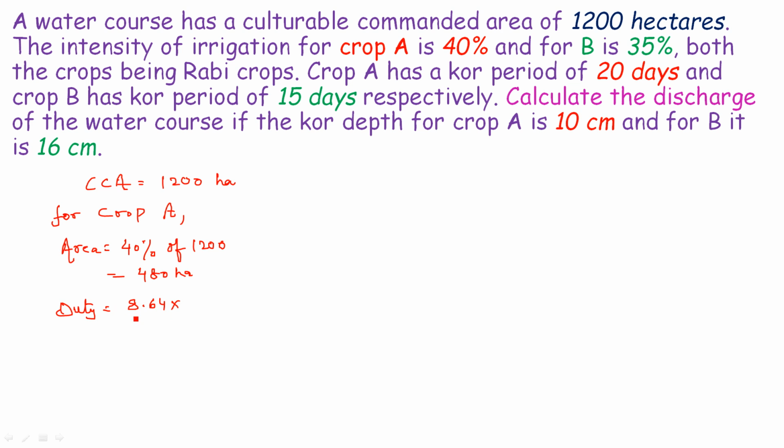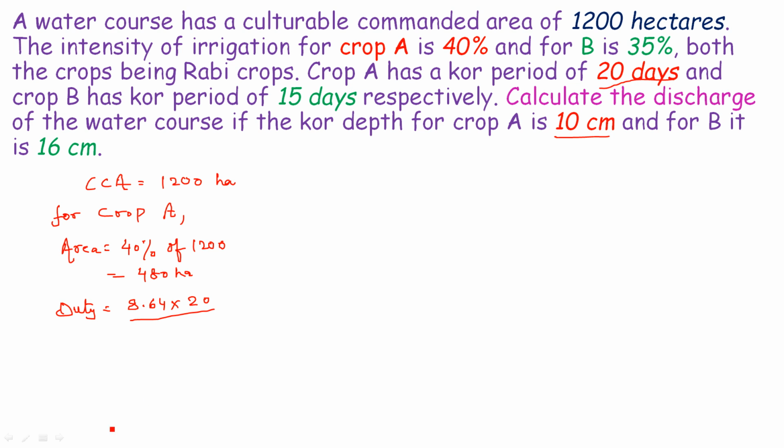Now we can find the duty by the formula 8.64 into base period divided by crop depth. Crop A has a crop period of 20 days and crop B has a crop period of 15 days. Calculate the discharge of the water course if the crop depth for crop A is 10 centimeter.